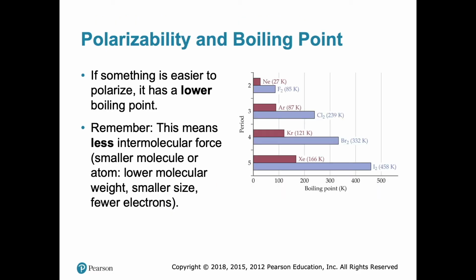So again, polarizability has an effect on boiling point right here, right? Remember, this means less intermolecular force: smaller molecule, atom, lower molecular weight means fewer electrons, right? So notice that neon here and fluorine, their boiling points are pretty low, because they're pretty small.